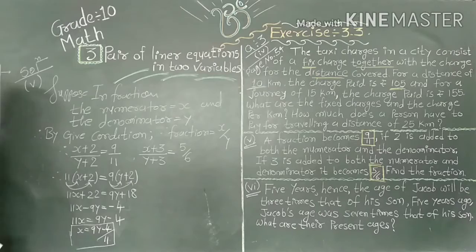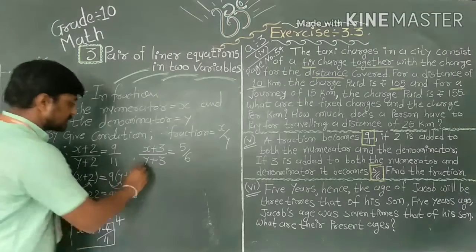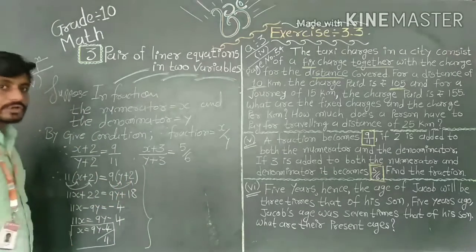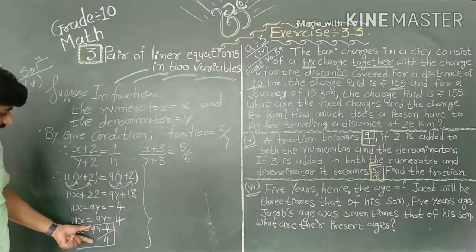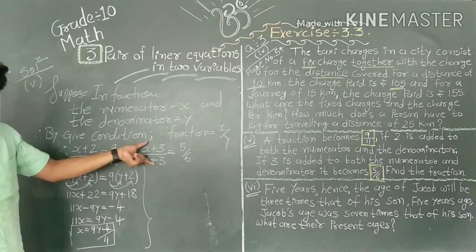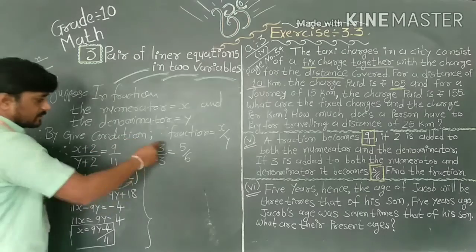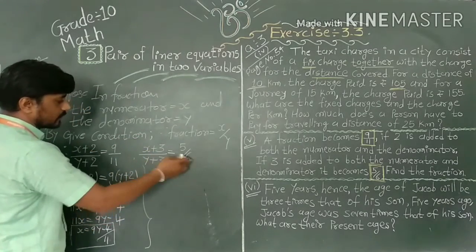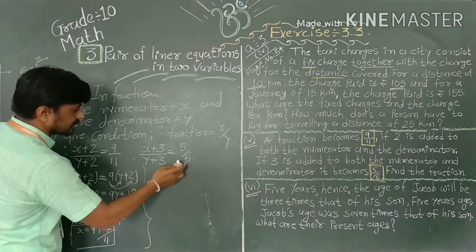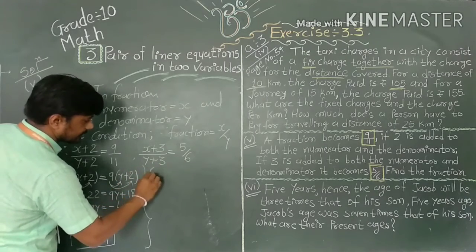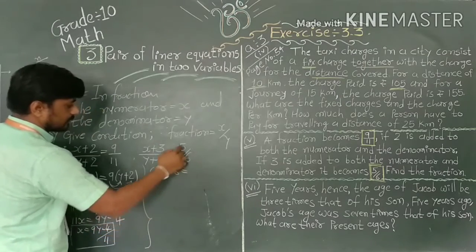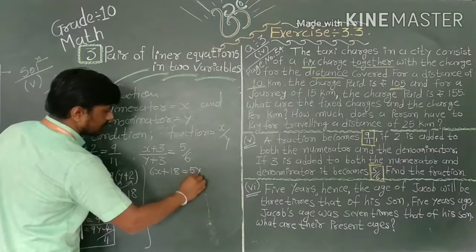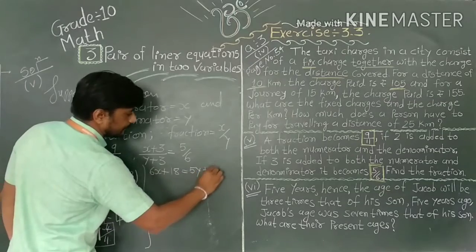Okay. Now here, in the same way we do cross multiplication. Or you can directly put x is equal to this value here. But it's a fraction, so first of all we solve it. 6 into (x plus 3), what happened? 6x plus 6 times 3 is 18, is equal to 5y, 5 times 3 is 15.